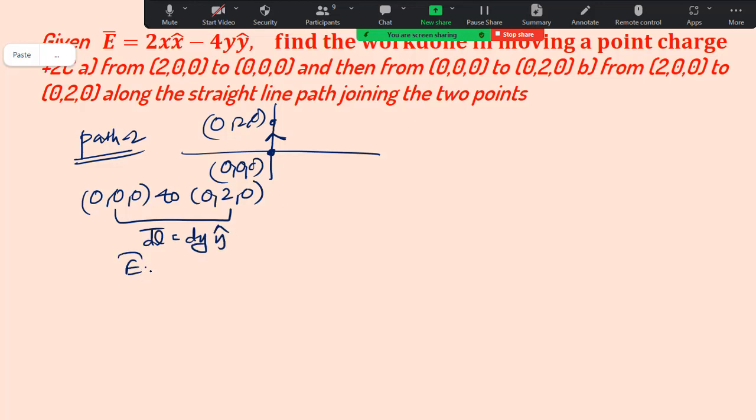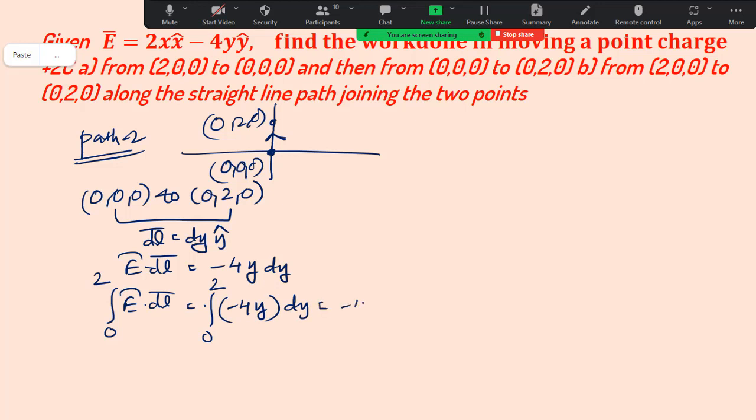Then you can calculate E bar dot dl bar. E bar has a y component, minus 4y, so we get minus 4y dy. Then the integral of E bar dot dl bar, with y changing from 0 to 2: integral 0 to 2 of minus 4y dy is minus 4 y square by 2. If you substitute the limits you will get minus 8.